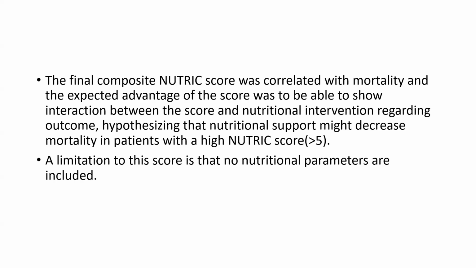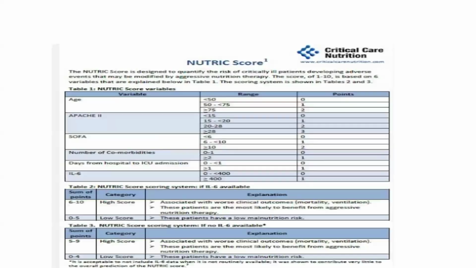The expected advantage of the score was to show interaction between the score and the nutritional intervention regarding outcome, hypothesizing that nutritional support might decrease mortality in patients with a high NUTRIC score. A limitation of this score is that no nutritional parameters are input.